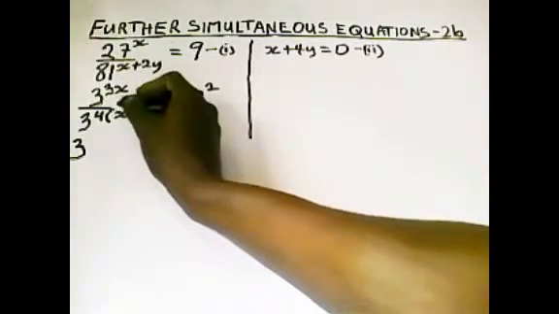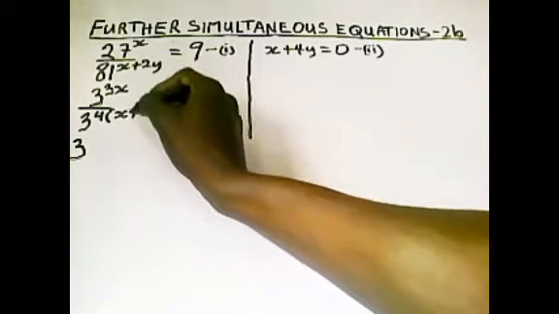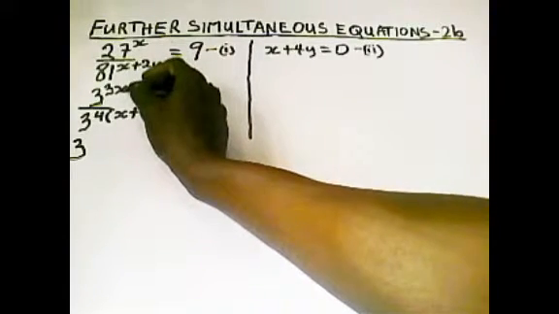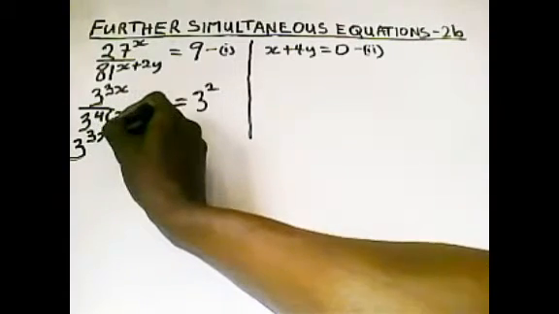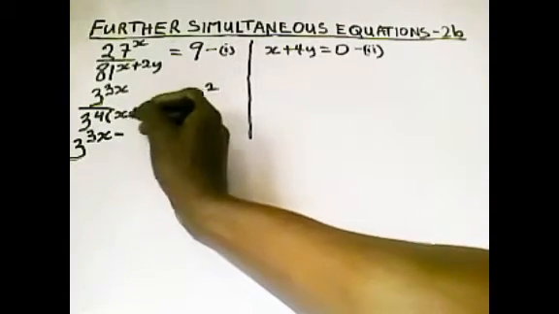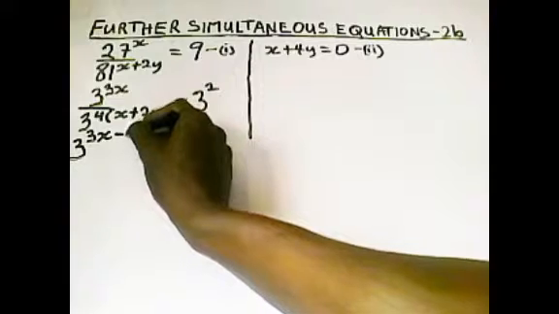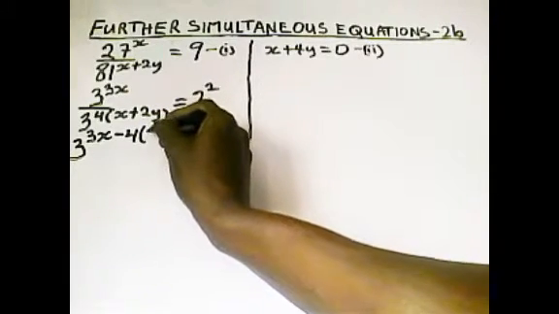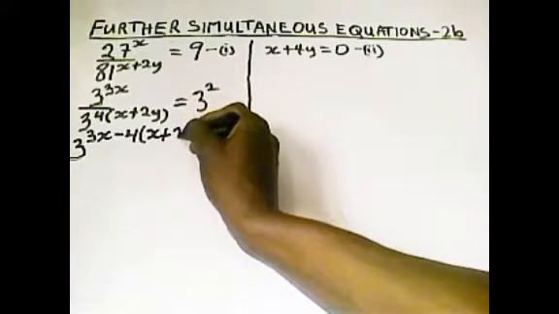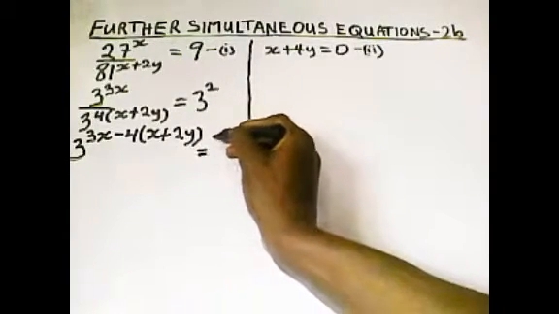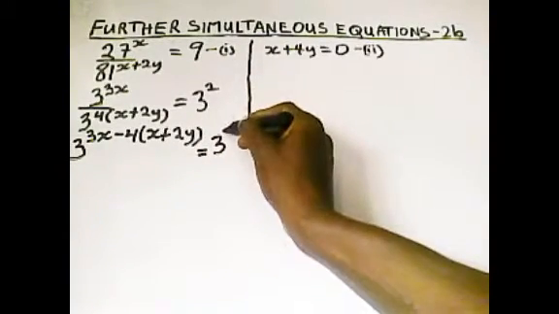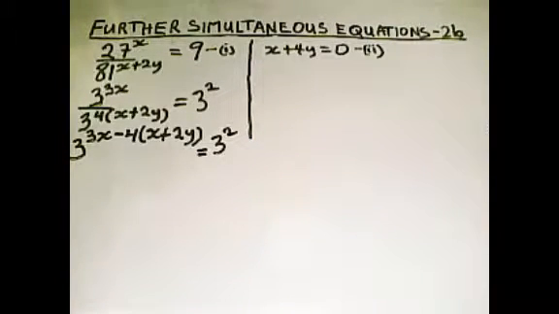Then, because of the division sign, we are going to subtract the powers. So we start with the power of the numerator, which is 3x, then minus everything we got here, which is 4 into bracket x plus 2y. We close the bracket, and that is all over the power on the right, which is 3 squared.